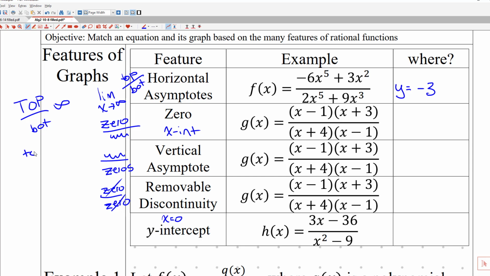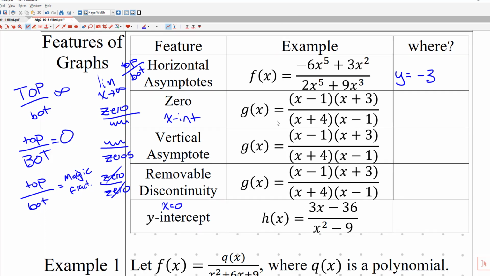If the top is smaller and the bottom is bigger, that goes to 0. And when the top and bottom are the same size, that's the magic fraction, where you take the term with the highest degree and just look at its coefficient.